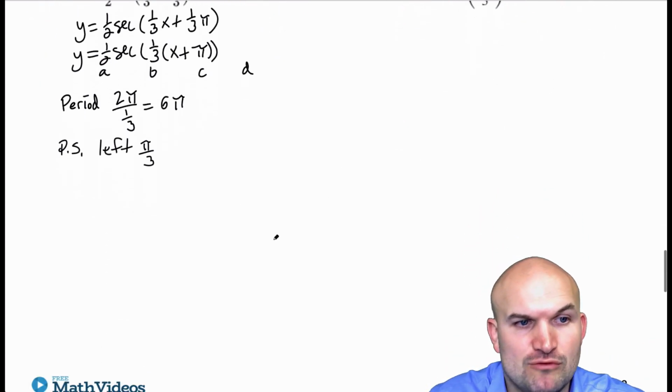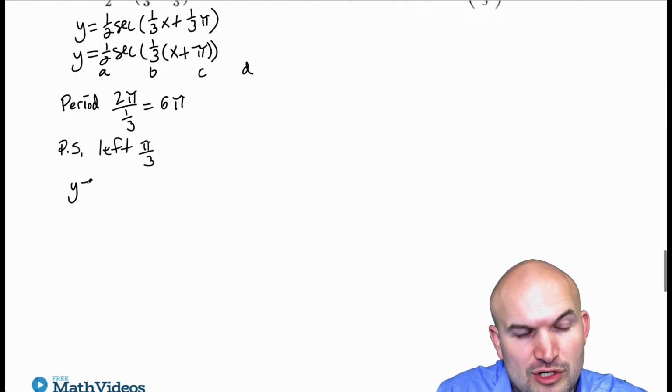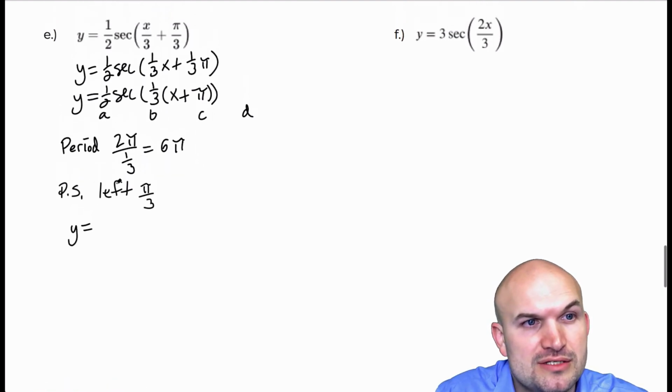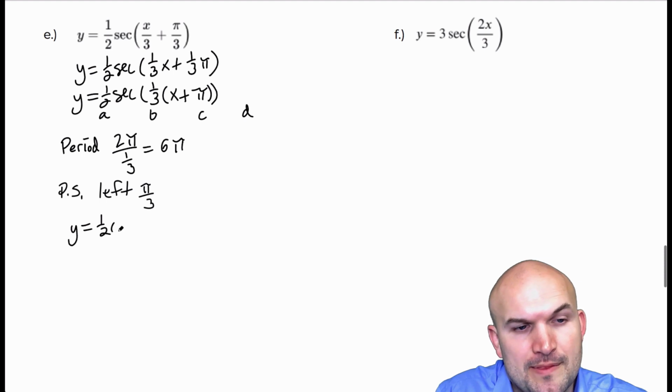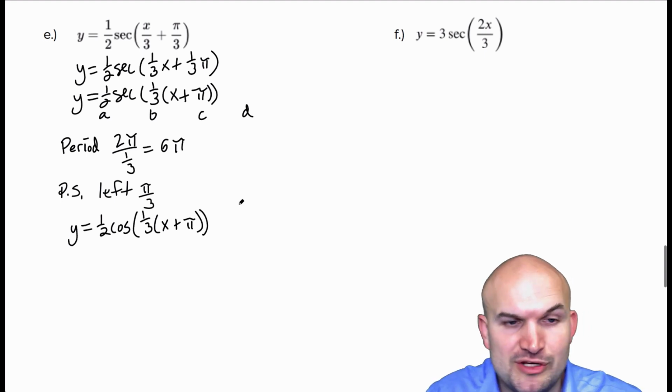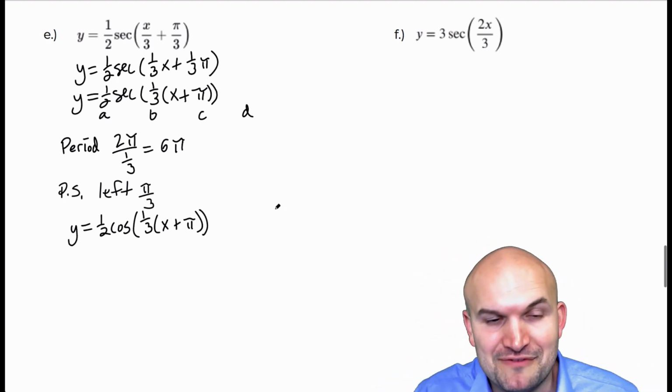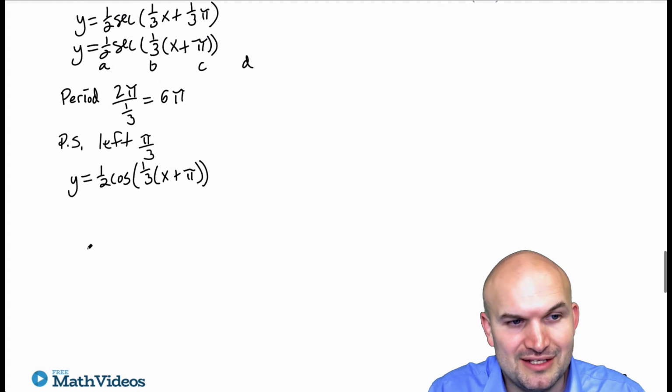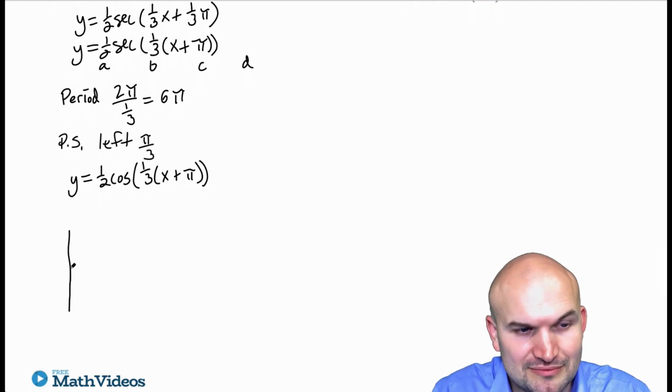So let's try to get a rough sketch here of cosine. That would be 1/2 cosine of 1/3 times x plus pi. Now, when you have the benefit of graphing a rough sketch, you can make your own scale.